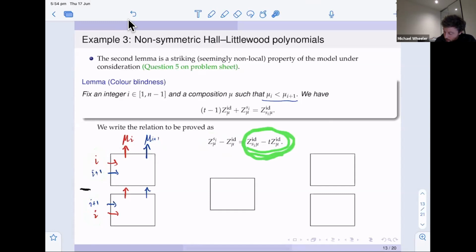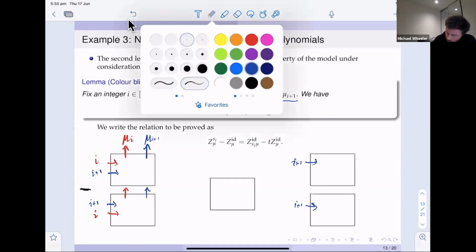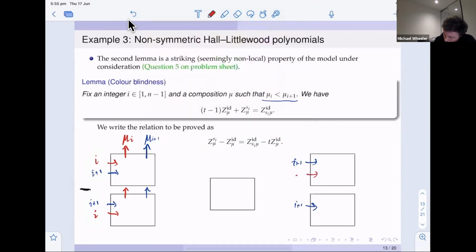So that's the one thing, and we want to prove that it is equal to this. So let's have a look at that thing now. For that thing, the permutation is fixed to be the identity in both cases. So that means that along the left boundary, we have this. So this is I plus 1, and this is I plus 1. And this is I, and this is I. Those are the same, but what changes now is the two parts at the top.